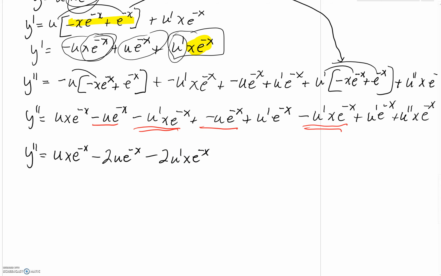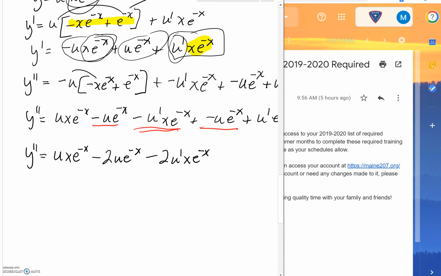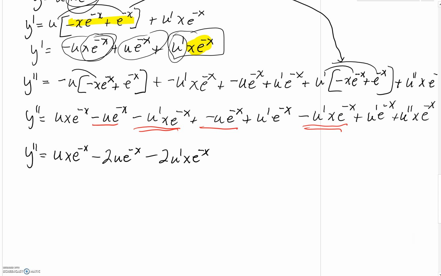Then we come over here to the u prime. Let me change this color a little bit. And if we had a u prime e to the negative x, here's another u prime e to the negative x. Well, there are two of them. So I'll say a plus 2 u prime e to the negative x. And then finally, we only have one of these, a u double prime x e to the negative x.